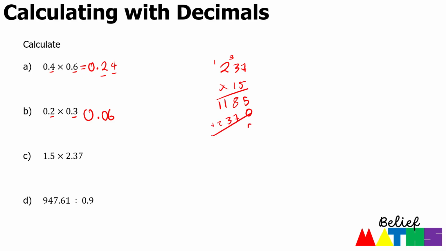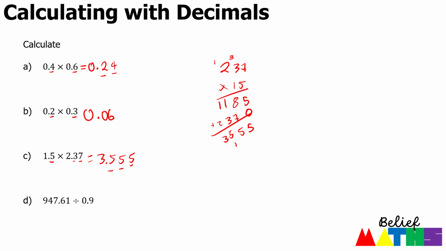Adding those together gives us 5, 5, carry my 1, 5, and 3. So that gives us 3,555. Now, we know that 1.5 times 2.37 can't be 3,555. But again, looking back, 3 decimal places in our question, so we get 3 decimal places in our answer.